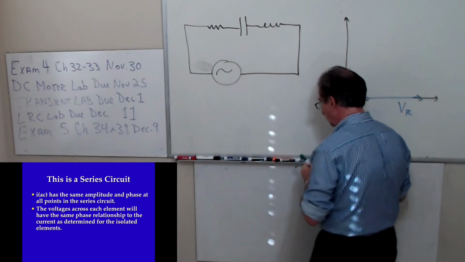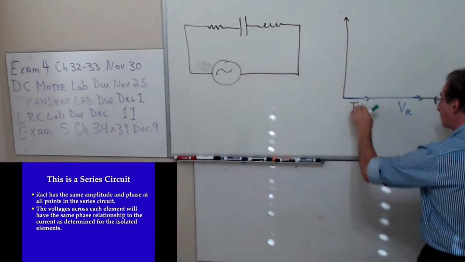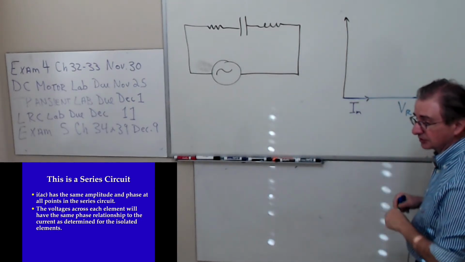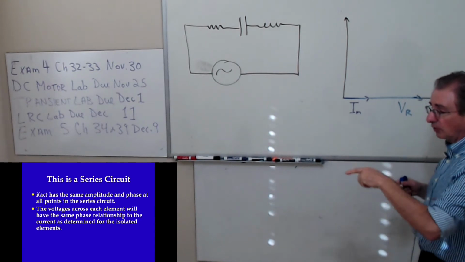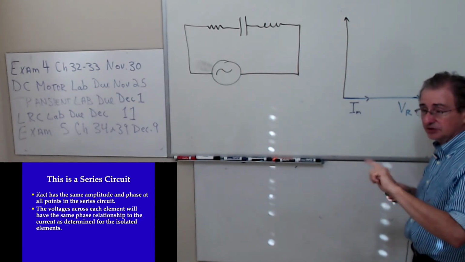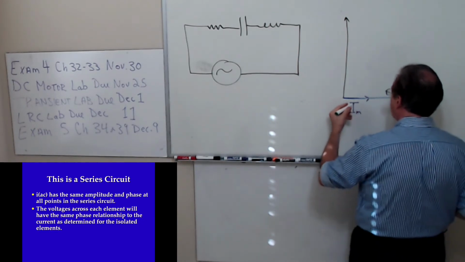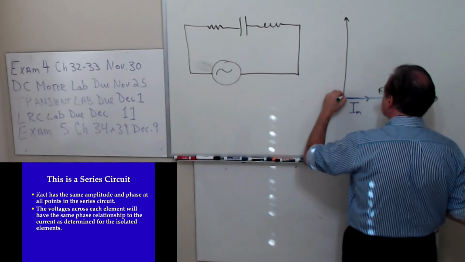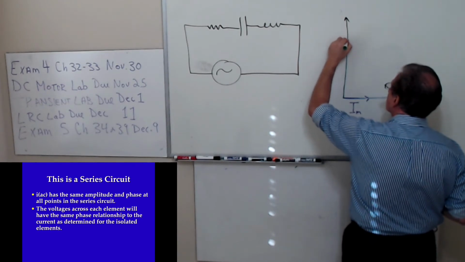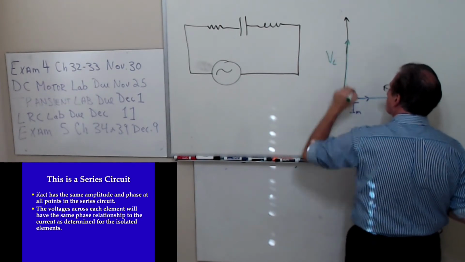The inductor has the same current going through it because they're in series. But the voltage across the inductor is 90 degrees ahead of the current going through it. So I draw my phasor 90 degrees ahead, like that.